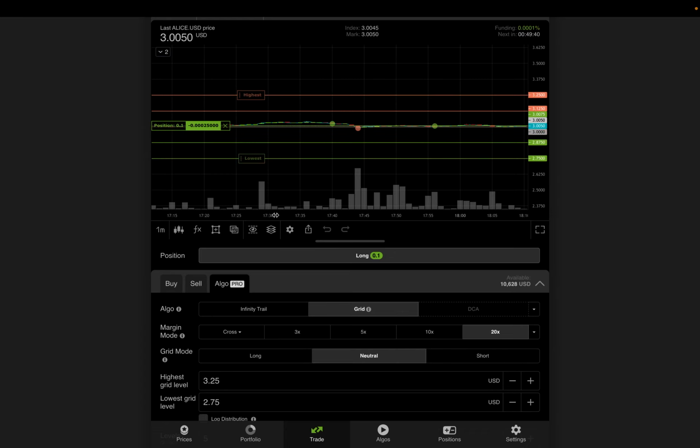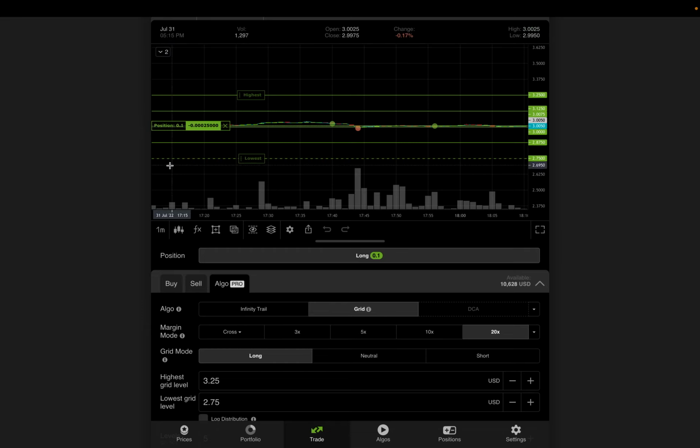Whereas neutral grid starts with zero position, and the position increases if the price goes up or down. Long grid starts with a long position, and the position increases if the price goes down, and decreases when the price goes up and goes neutral here.